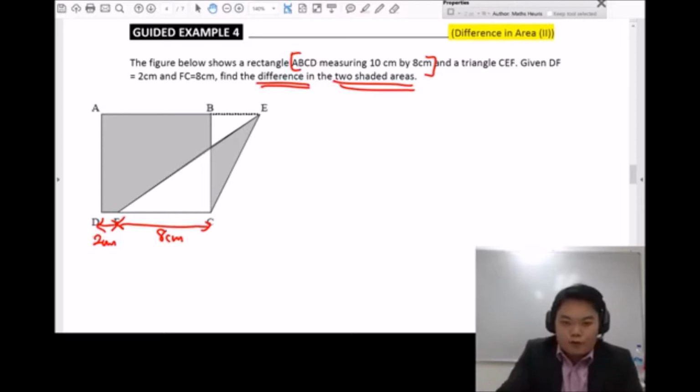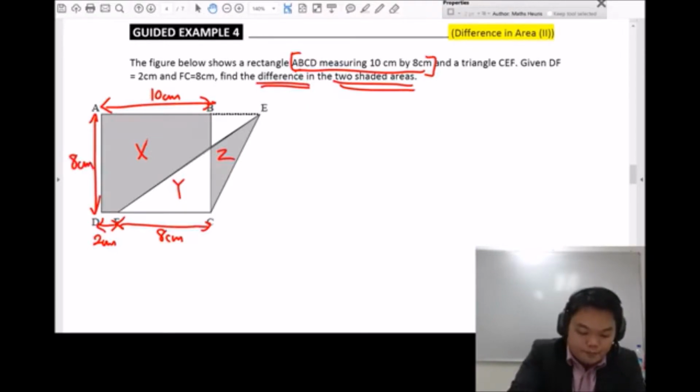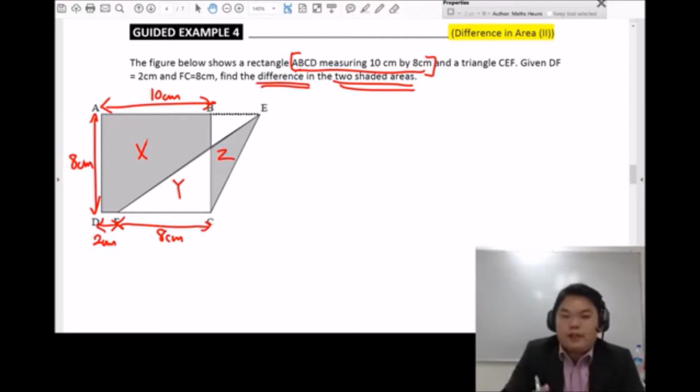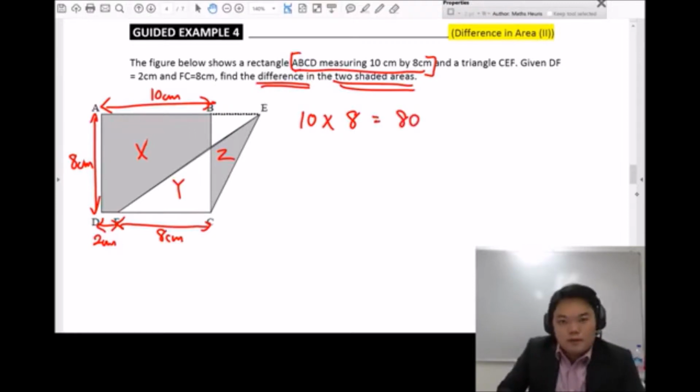So from the trick that we learned earlier, let's call this region X, this region Y, this region Z. Okay, first I know that my rectangle ABCD is 10 cm by 8 cm. So the area of the rectangle is quite easy to find. That is just length times breadth, which is 80. As for the triangle, how are we going to find its area?